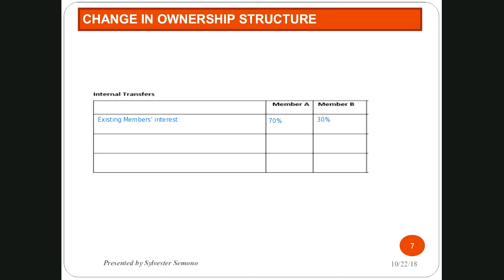Who's going to try and calculate for us? How am I going to deal with this kind of information? As you can see, member A transferred to member B. So meaning we need to take something out of member A and give B that particular percentage.